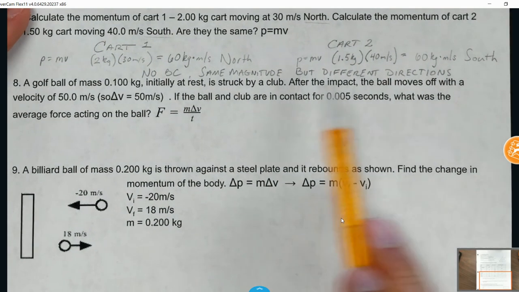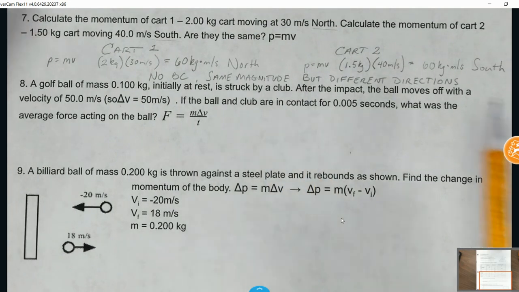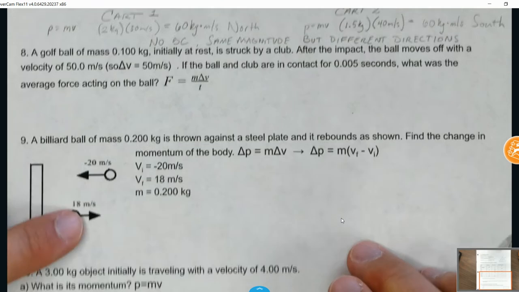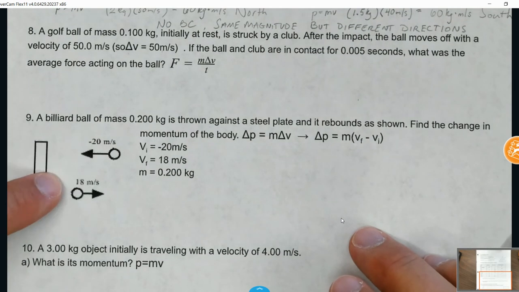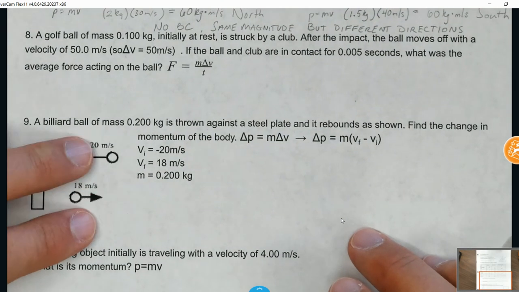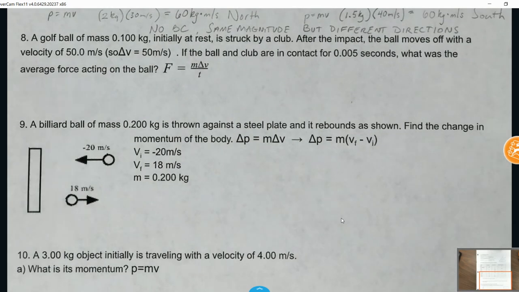So, like here, we were saying they're not the same because they have different directions. If this was negative 20 and this was a positive 20, that means something because of the direction that they're going. And something had to have occurred in order to change that direction. So there would definitely need to be an impulse.